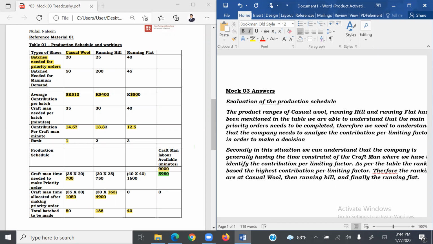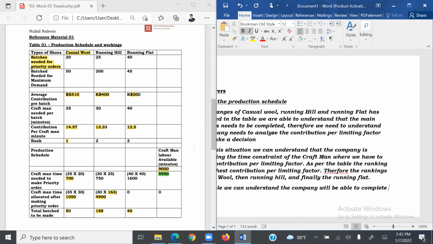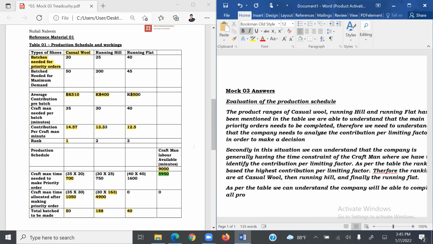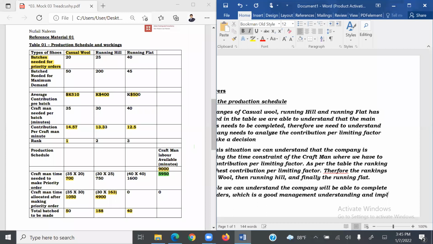So I will further continue. As per the table, we can understand that the company will be able to complete all priority orders, which is a good management understanding and implementation. Students, I believe this gives you an even better understanding at the moment.